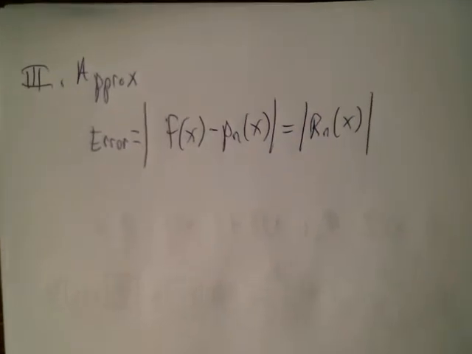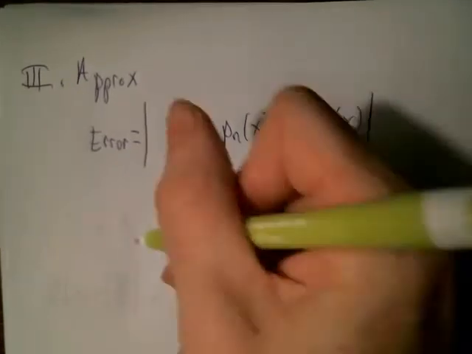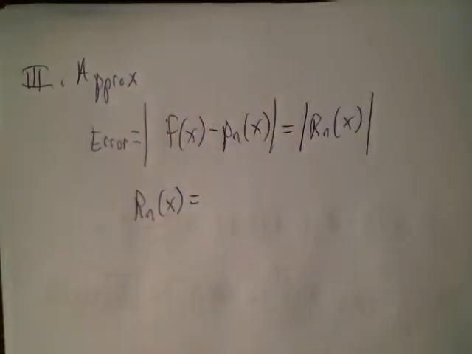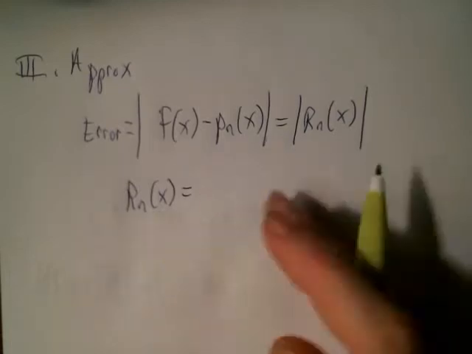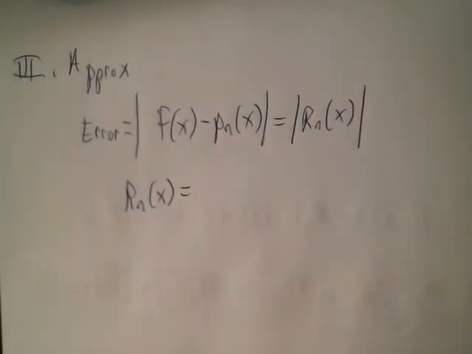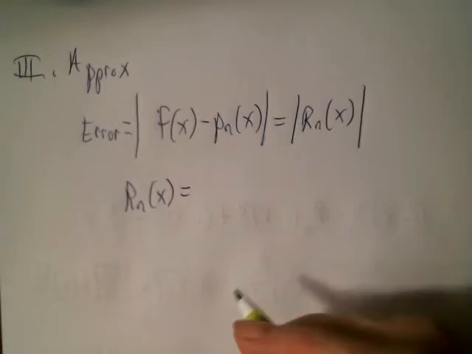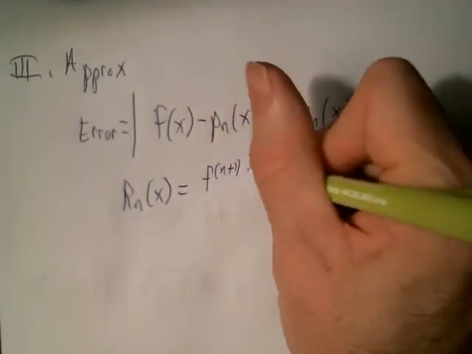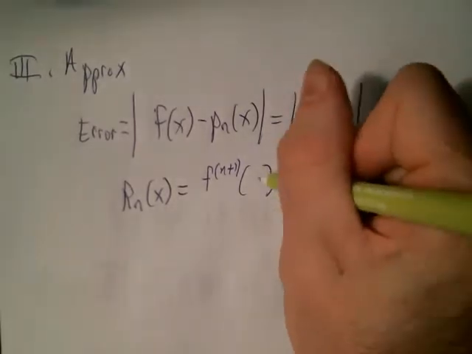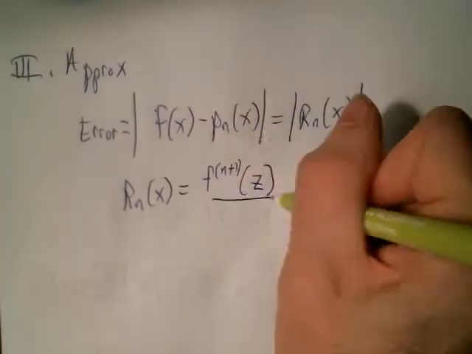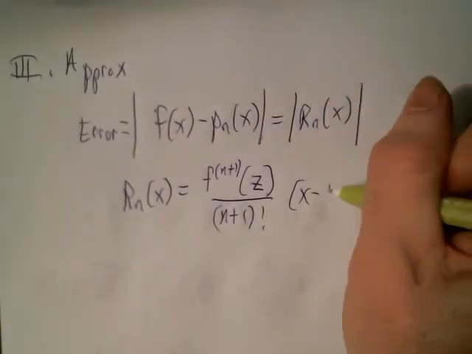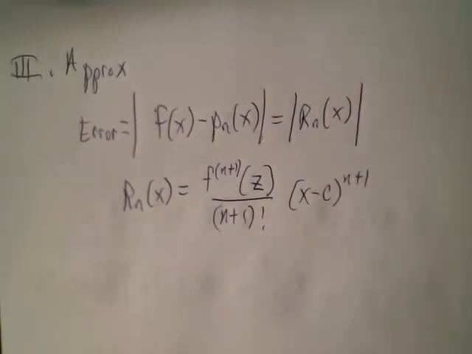And that R sub n of x function is a lot like when you dealt with the alternating series estimation theorem. This thing is basically the next term that would have been in line in the polynomial, sort of, right? So it's the n plus first derivative evaluated at some special number z, all over n plus 1 factorial, times x minus c to the n plus 1.